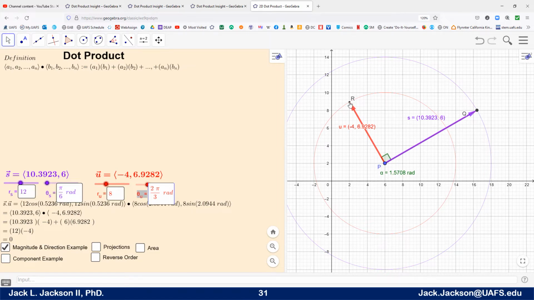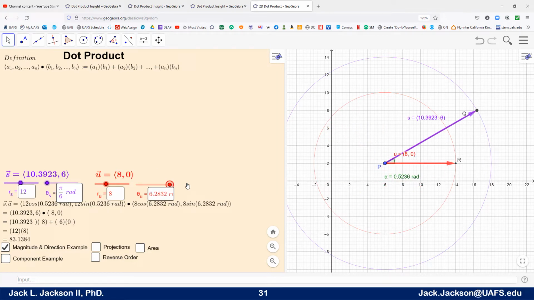So let's think about this here. When is this the biggest? Let's just leave the purple one fixed and move the red one around a little bit. So look at the number here.